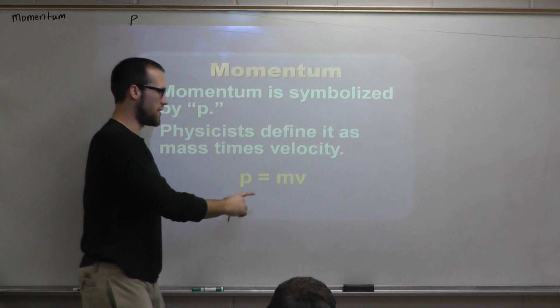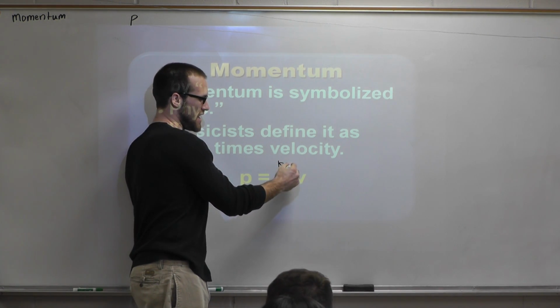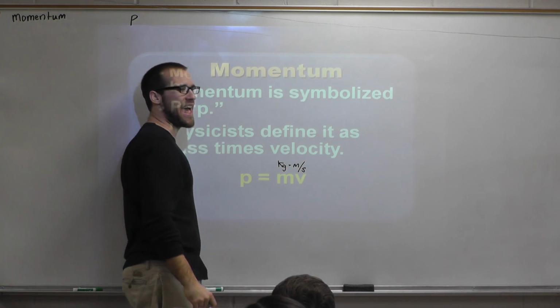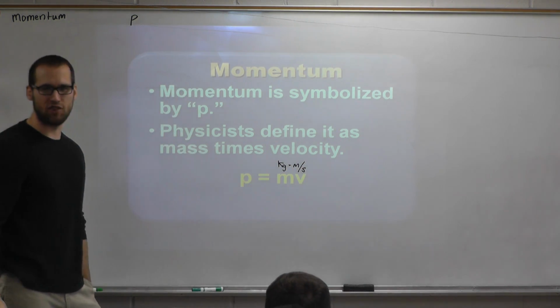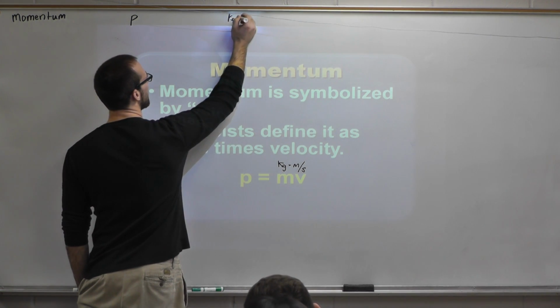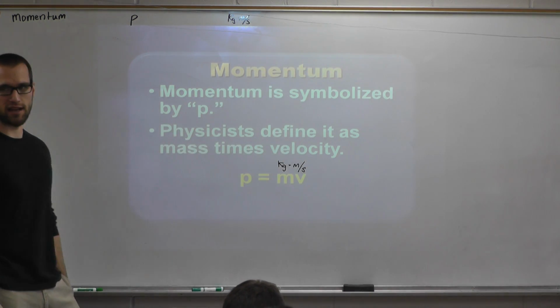What is the most common mass unit? What's the most common velocity unit? They do not have a derived unit for this, so the most common unit for momentum is actually a kilogram times a meter per second.